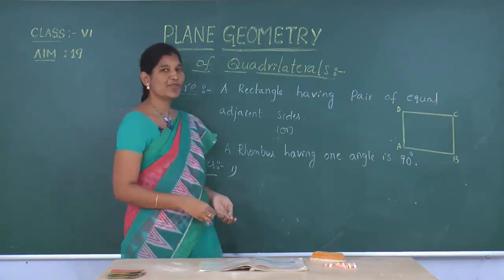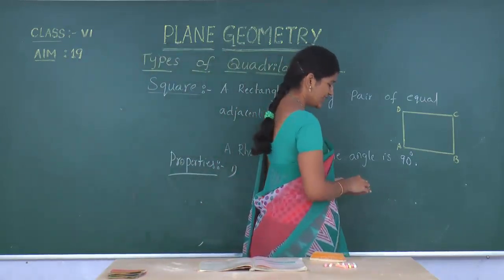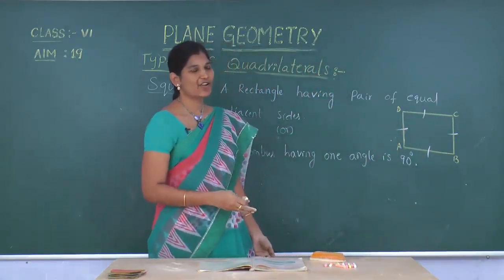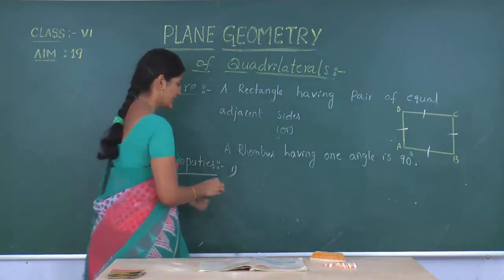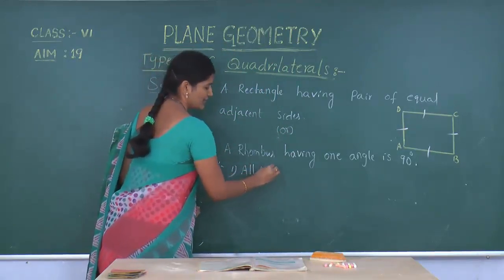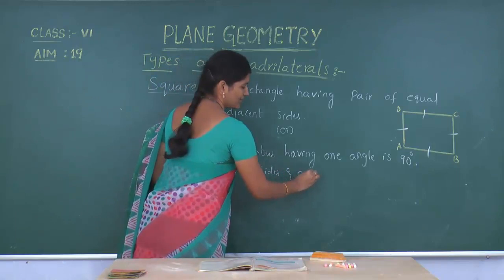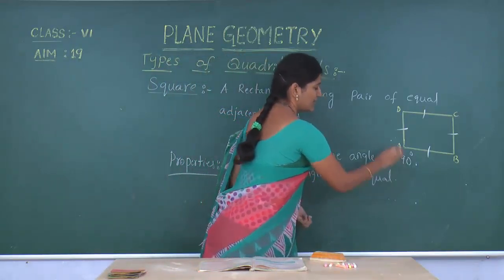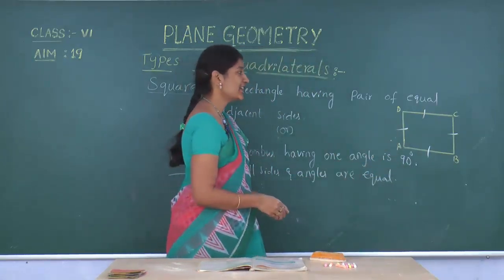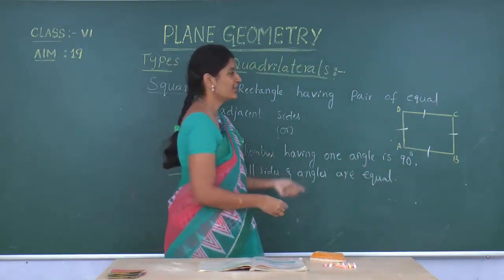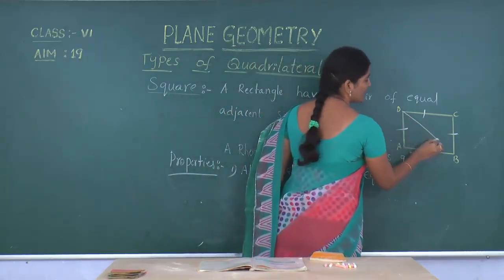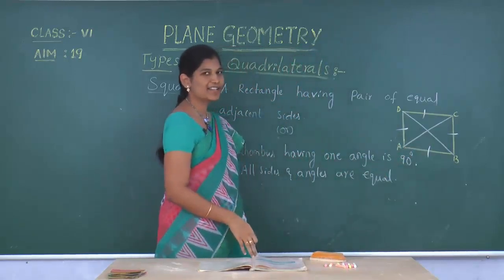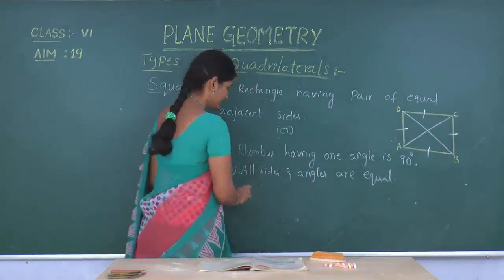The first property, we know that in a square all sides are equal, as well as all angles are equal. And the second thing is that in a square, diagonals are also equal.